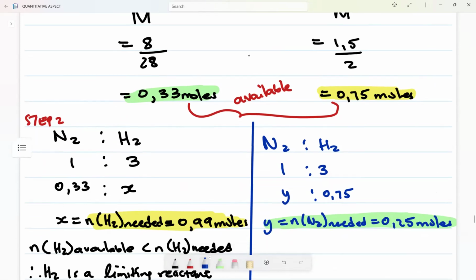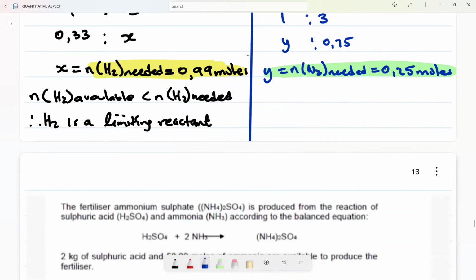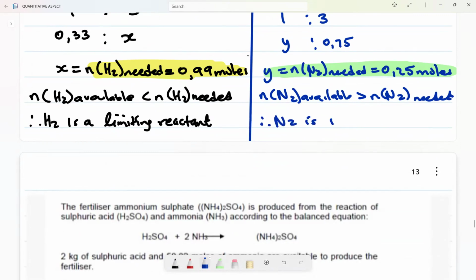So we can see that the number of moles of N2 that is available is greater than the number of moles of N2 that is needed. So if that's the case, therefore, N2 is in excess.